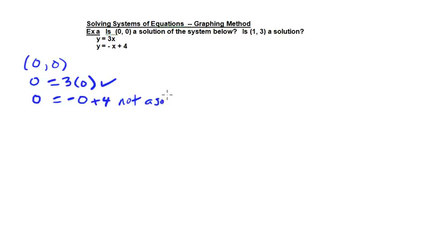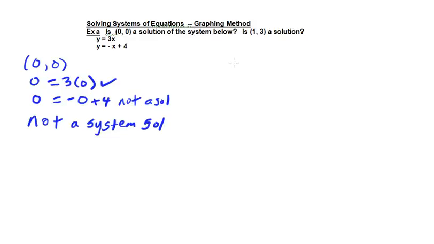Because the point is a solution of the first equation, but it's not a solution of the second equation, we are going to say that this point is not a solution of the system.